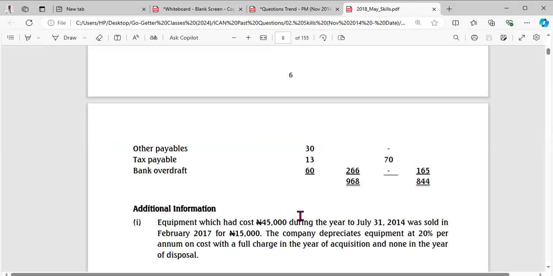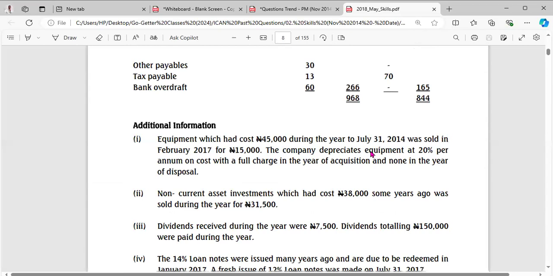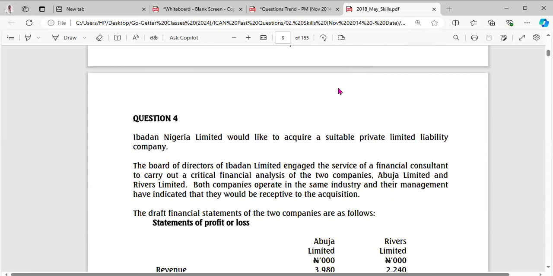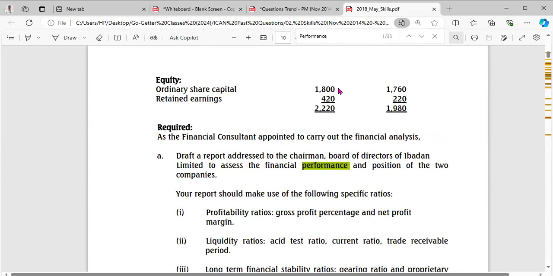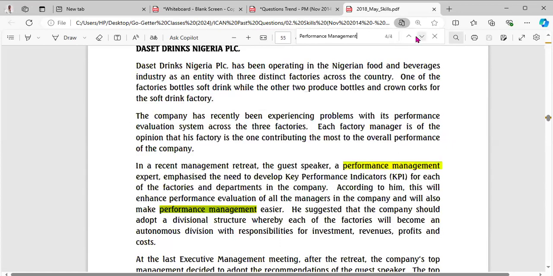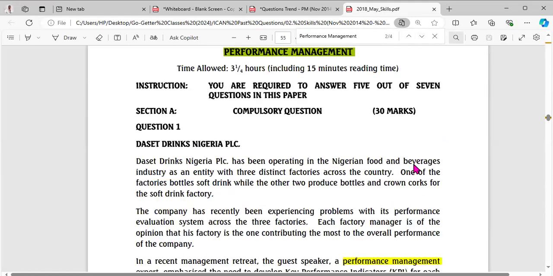We are going to look at May 2018, rather. I keep saying 2016. So let's check performance management.